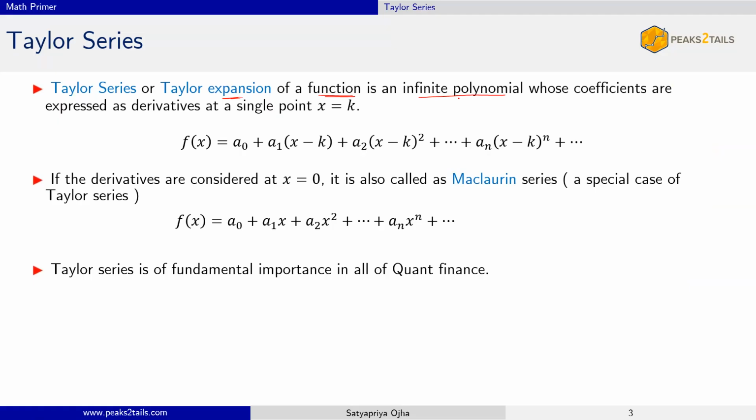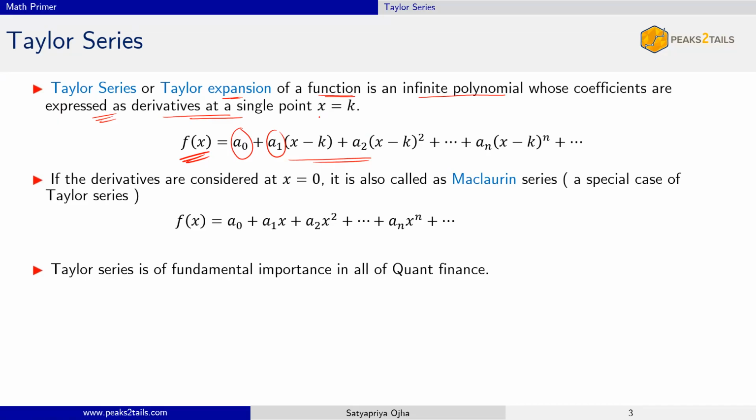So you're given any kind of function, f of x, it can be expressed as an infinite polynomial where the coefficients of the polynomial are related to the derivatives of that function at a given point. So that's the idea, right? The Taylor series expansion, let me repeat, of a function is an infinite polynomial representation where the coefficients of the polynomial are linked to the derivatives of that function at a given point.